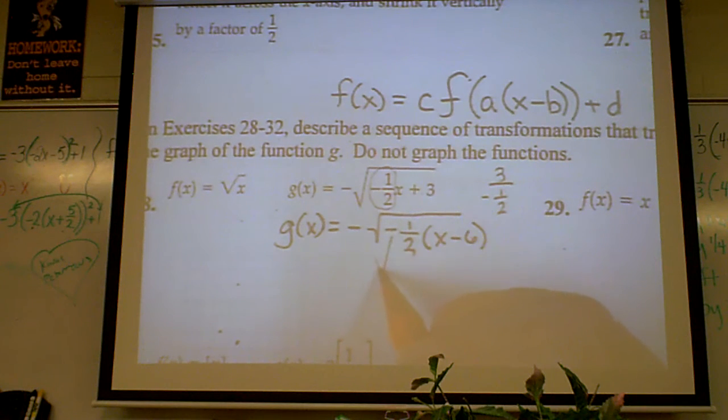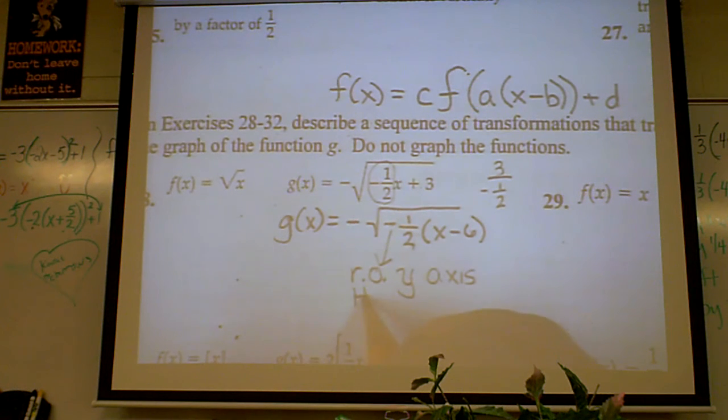This is a reflection over the y-axis, and this is a horizontal stretch by 2. You flip this, and you get a 2, so it's a horizontal stretch. If this were a 2, you'd flip it, and it would be a horizontal compression by 1/2.